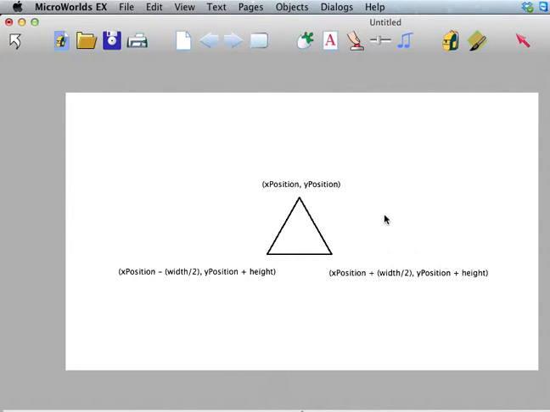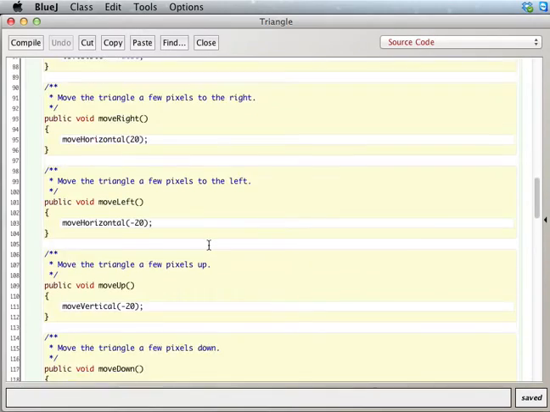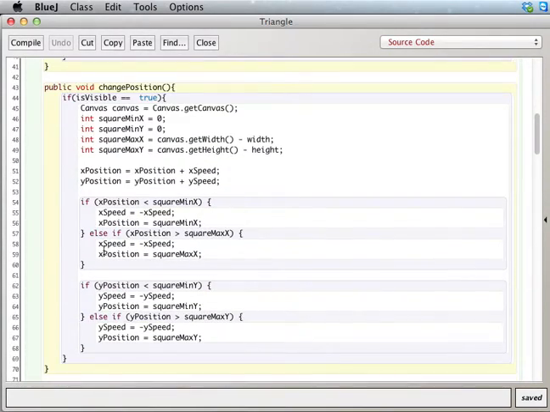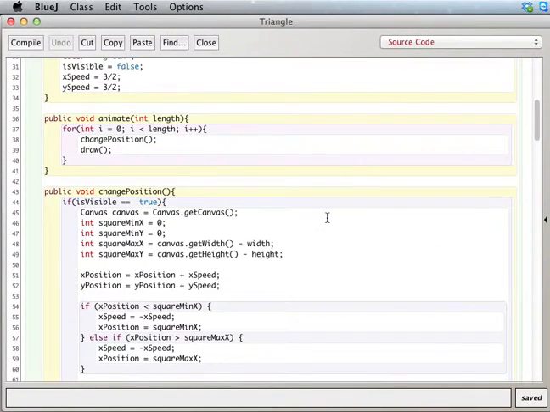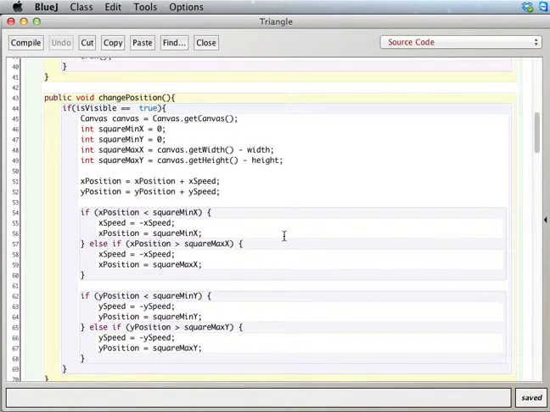All right, so I think if you keep that in mind, you'll be able to figure out how to rewrite your animation method, or your change position method, I'm sorry, so that it checks things correctly. Okay, so see if you can figure it out, and work on it for a little while, and if you can't get it, then shoot me another email.